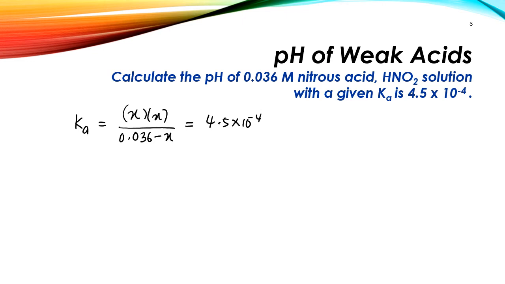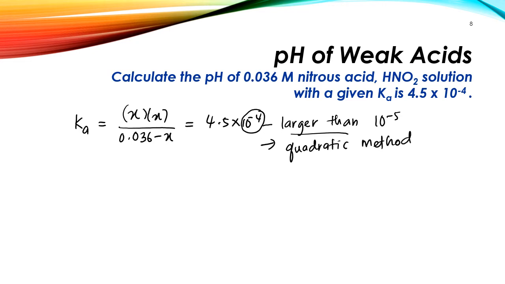Since the Ka value given has an exponent of negative 4, and exponent negative 4 is larger than exponent negative 5, when the value is larger than exponent negative 5, we have to use the quadratic method to solve X. So how do we solve for X using the quadratic method?